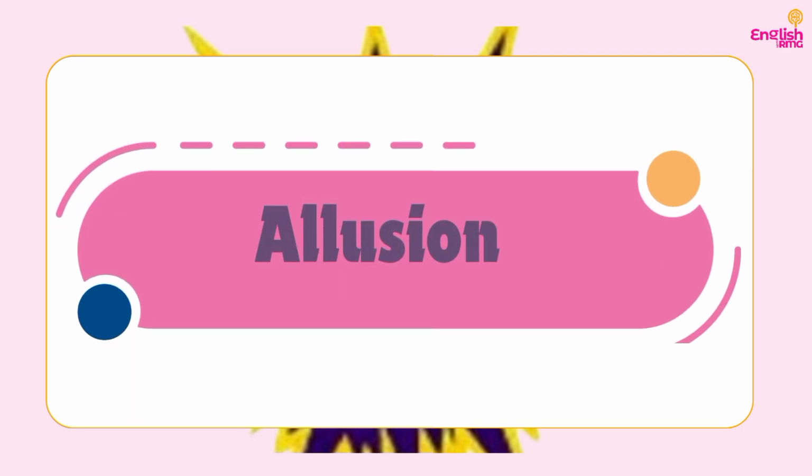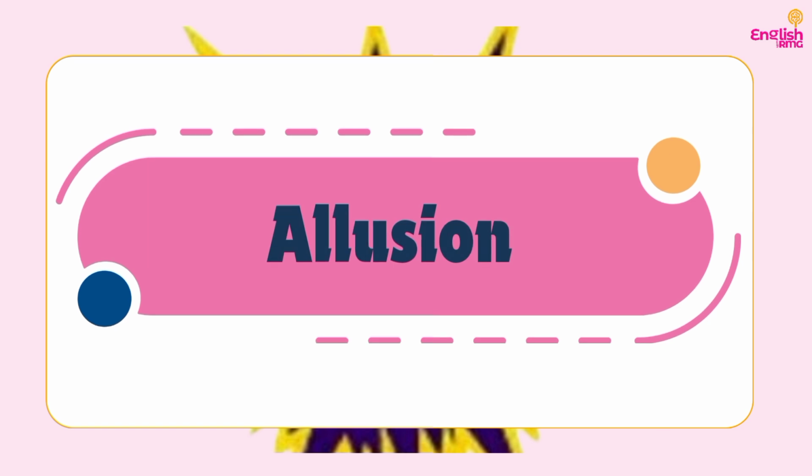So, what is an allusion? Before we go into the definition, I would like to call your attention to the pronunciation of this figure of speech. First, it is not pronounced allusion, like many students here would pronounce it. It is pronounced allusion, allusion. If you're familiar with the sounds of the English language, you would know the sound I'm pronouncing there.